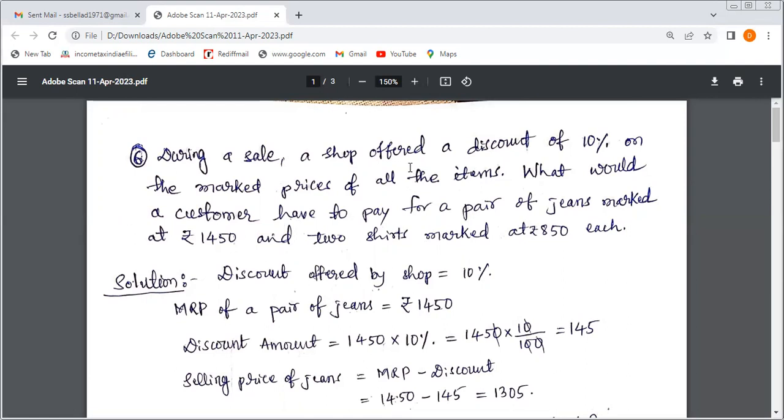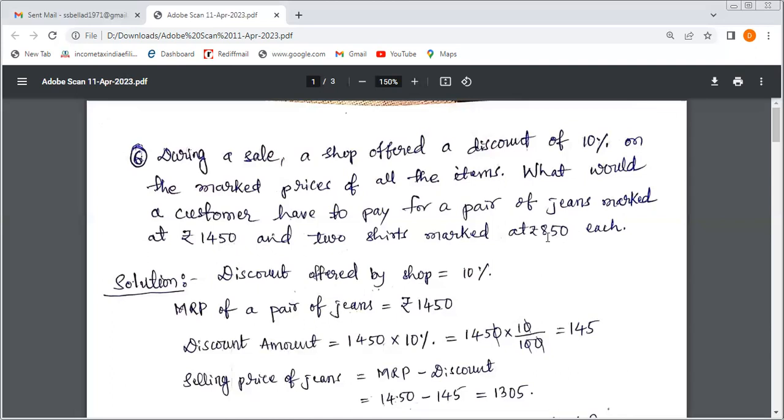So during a sale, a shop is there. That shop is offering a discount of 10% on the market price. Market price means MRP. MRP is referred to as a market price. And the MRP of a pair of jeans is 1450, whereas the 2 shirts are marked at rupees 850 each.